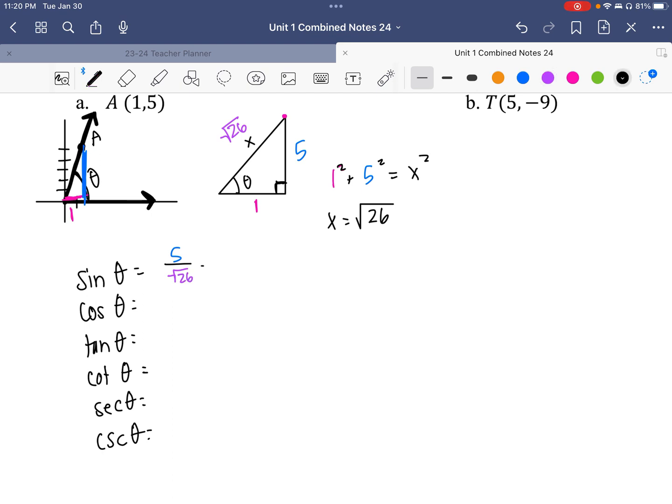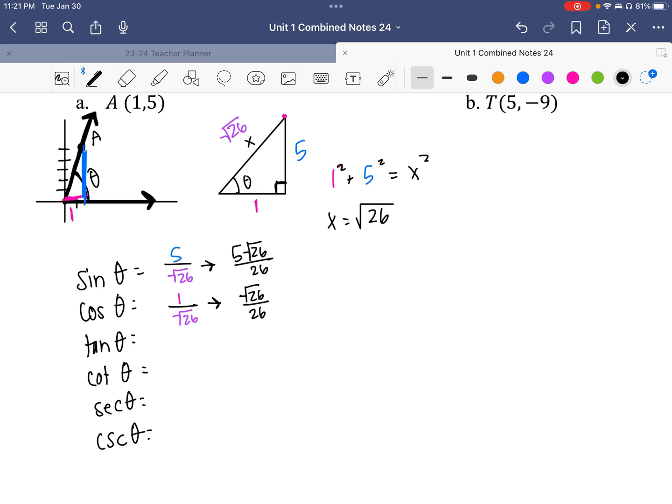Now, we really don't like these. You really should rationalize this to be 5 root 26 over 26. Cosine is your adjacent over your hypotenuse, so that would be 1 over the square root of 26. Again, you really should rationalize that denominator, so this really should be the square root of 26 over 26.